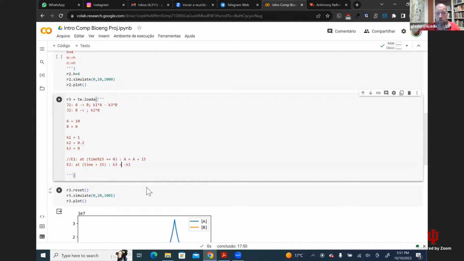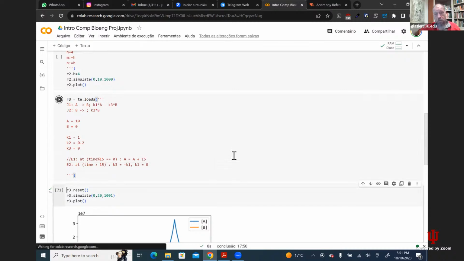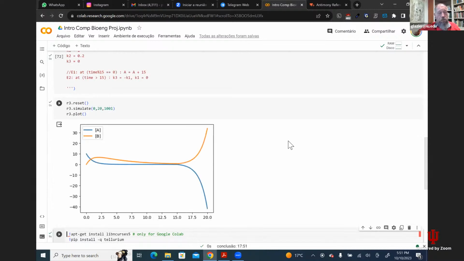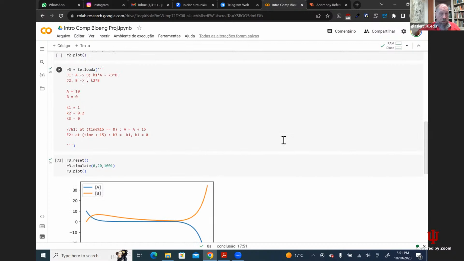I'm not sure what you're doing, Pedro. I am activating the backwards reaction properly. Like this. Yeah, well, that would actually have a back reaction, yes. But it's still going to go negative because it's not legitimate to have a negative rate constant in this situation.